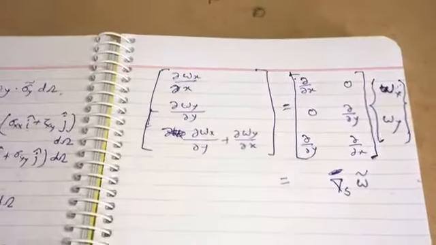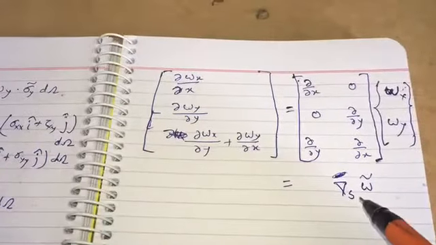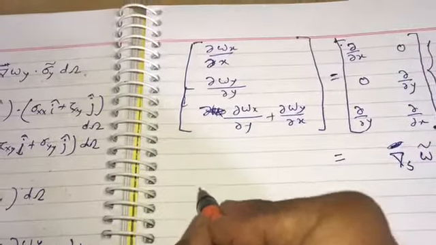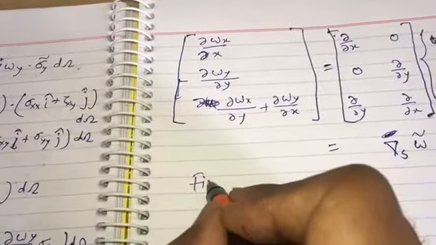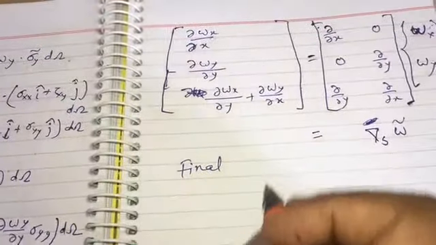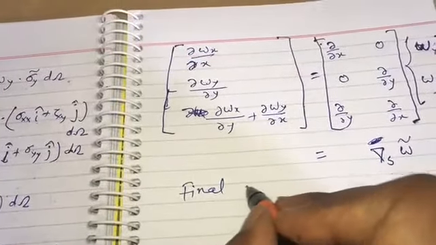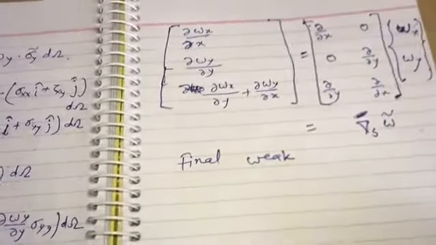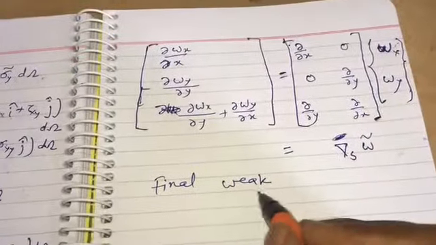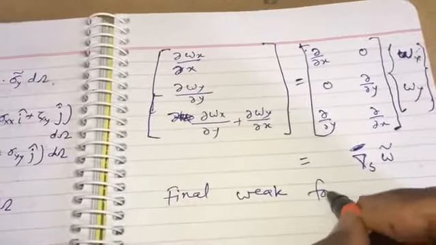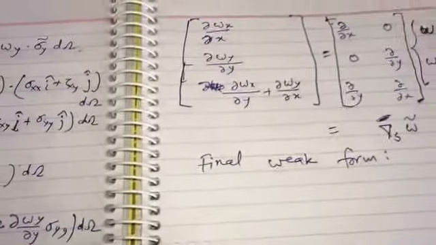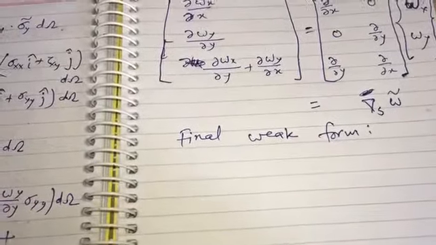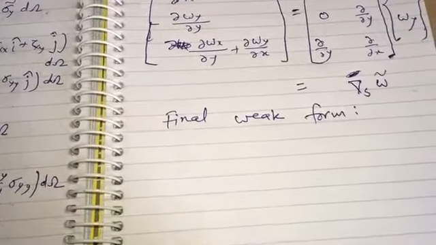We are going to use this in the final weak form, the grand final weak form. So we are going to combine all of them but in compact form.